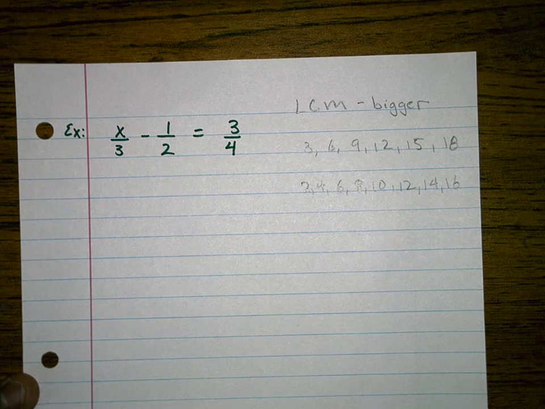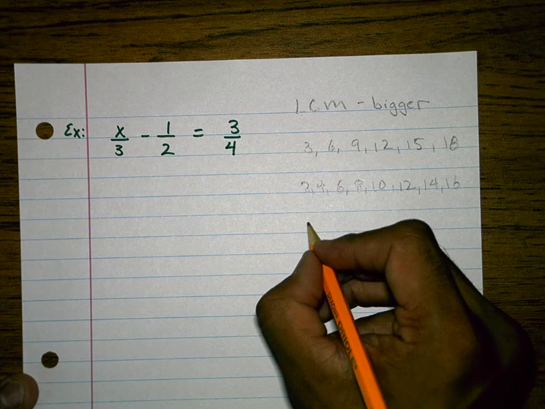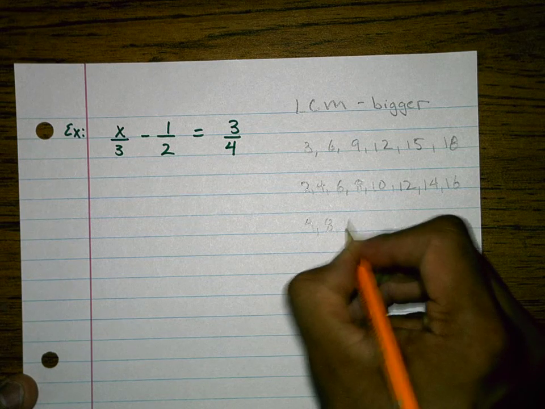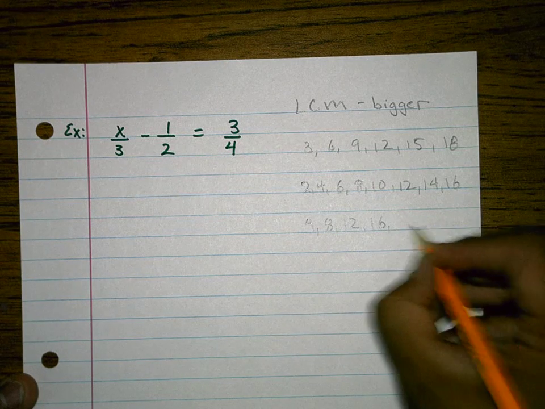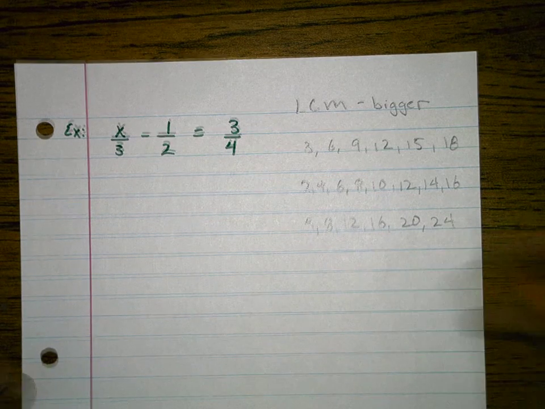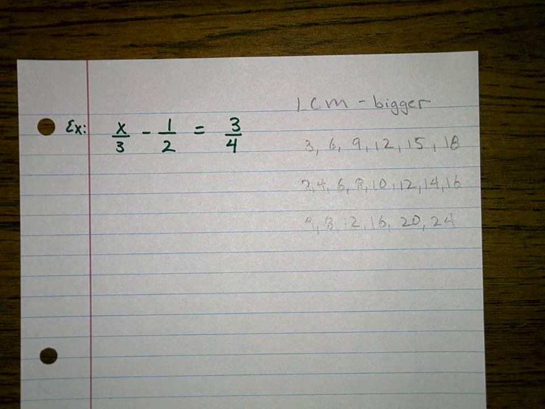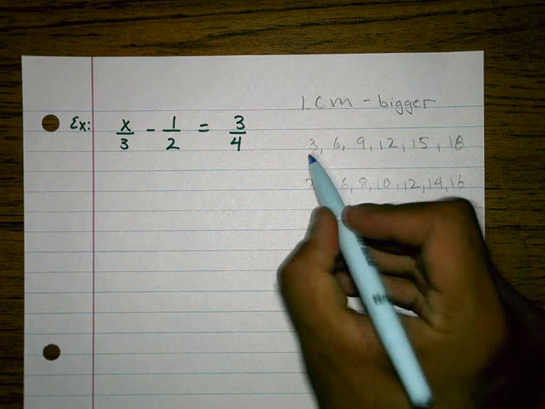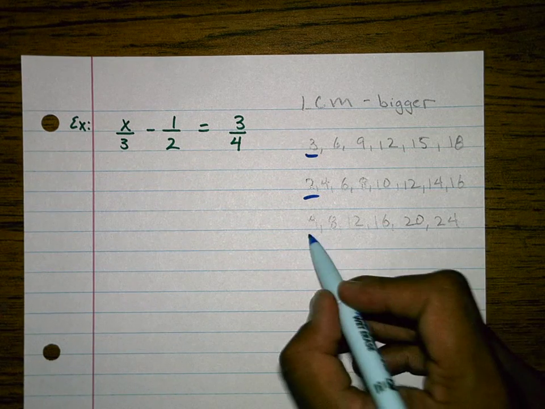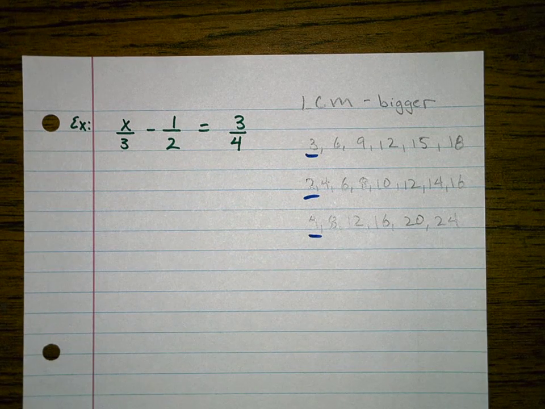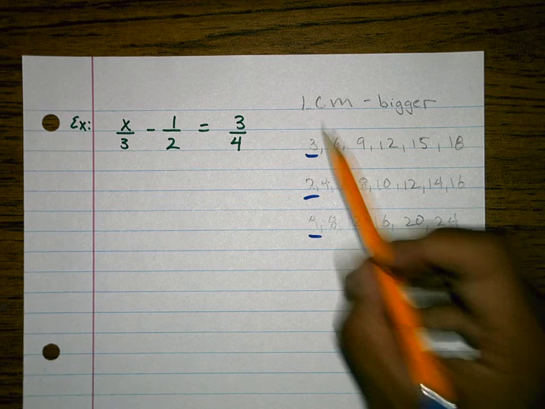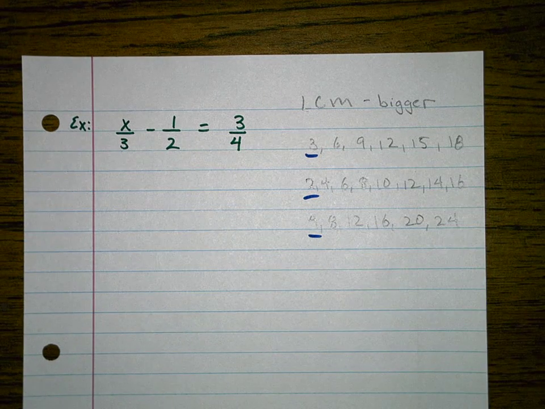And I'll do the same for 4: 4, 8, 12, 16, 20, 24. Those are multiples of the denominators, so multiples of 3, multiples of 2, and multiples of 4. When I say the least common multiple, I'm trying to find the smallest one that is the same.